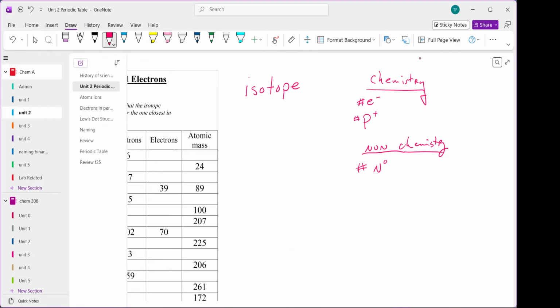So let's look at carbon, for example. So this is the number of protons. And in a neutral atom only, the number of electrons equals the number of protons, because we have to have a net charge of 0.